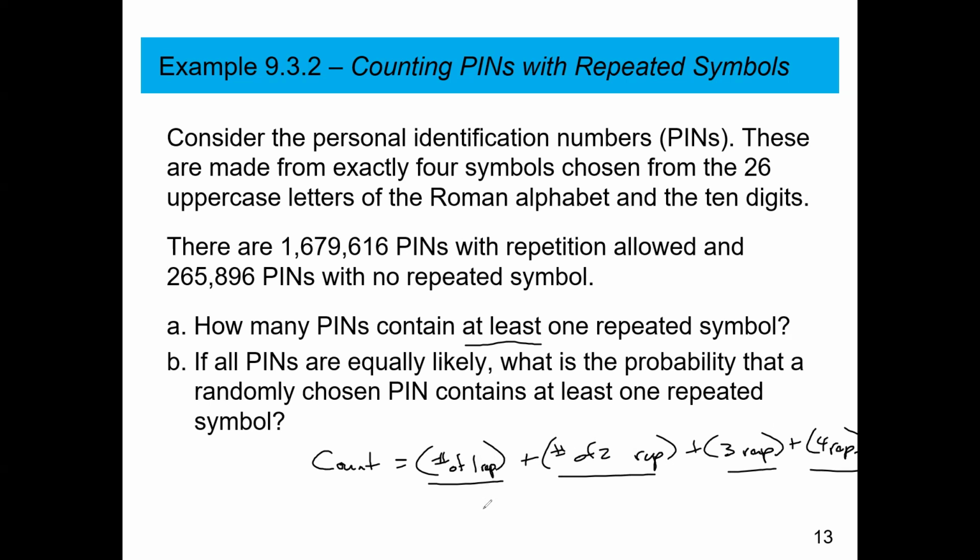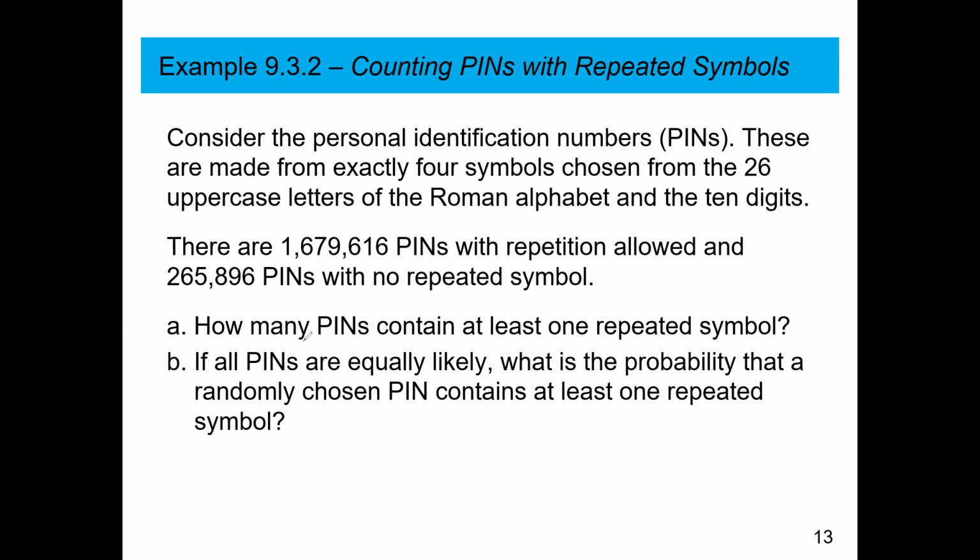A much, much better way is, and this is the key thing, what do I not want on this question? Well, remember the total number of pins. In general, the number of pins was 36 to the 4th power.